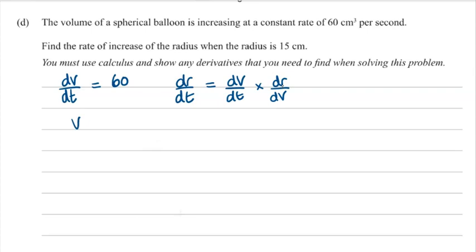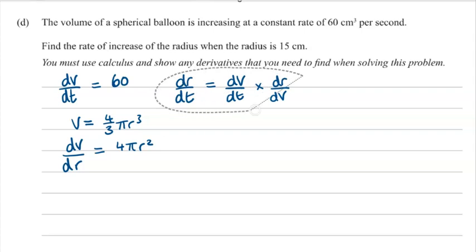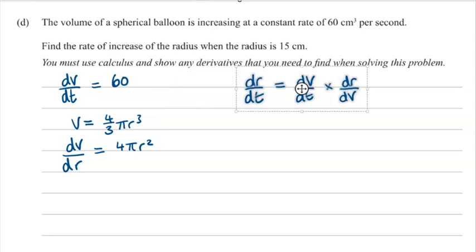So the volume for a sphere is 4/3 pi r cubed. So there we have a formula that links them together. If we differentiate dV with respect to r, we will get 4 pi r squared. So now we can go back to this one. Just going to move it to the side a little bit. And we can then pop in dV by dt is 60. dr by dV is almost this one, but it's flipped over. So we need to flip this. So it'll be 1 over 4 pi r squared.